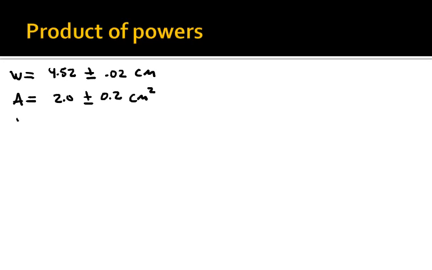And let's say we have a value of Y, which is 3.0 plus or minus 0.6 centimeters. And let's say Z is equal to, and that's our goal, W times Y squared divided by the square root of A. Okay, so we're doing a couple things here. We're multiplying W by Y squared, and then we're dividing this by the square root of A.